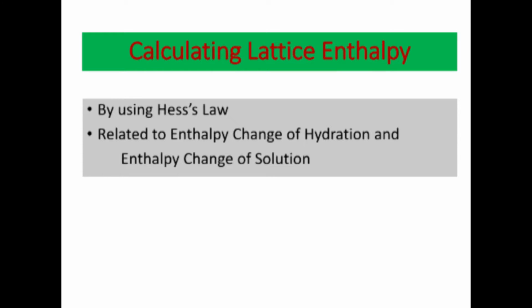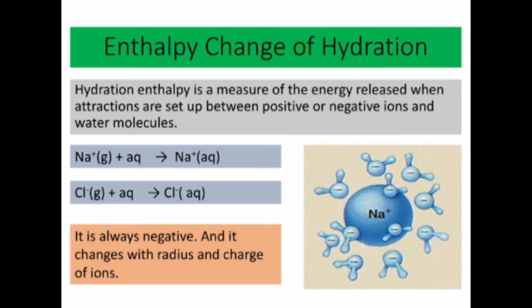Calculating lattice enthalpy by using Hess's law is related to enthalpy change of hydration and enthalpy change of solution. So we have to know the detail about enthalpy change of hydration and enthalpy change of solution. Now, enthalpy change of hydration. Hydration enthalpy is a measure of the enthalpy released when attractions are set up between positive and negative ions and water molecules.